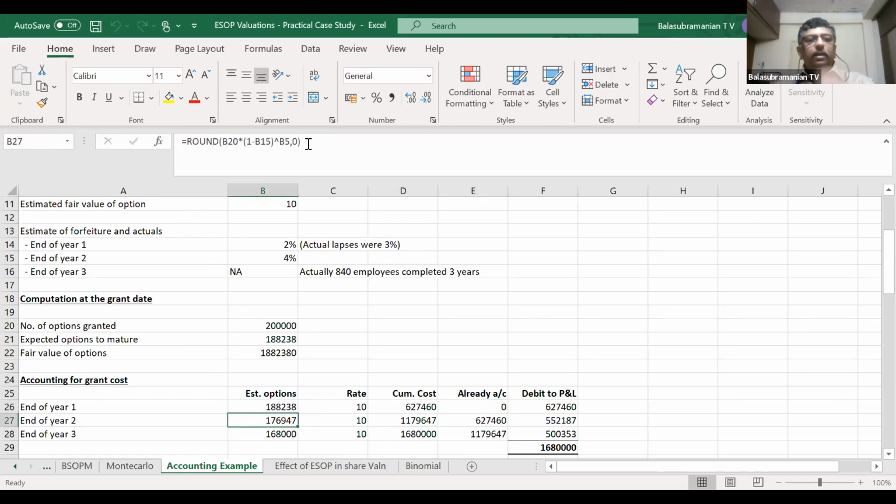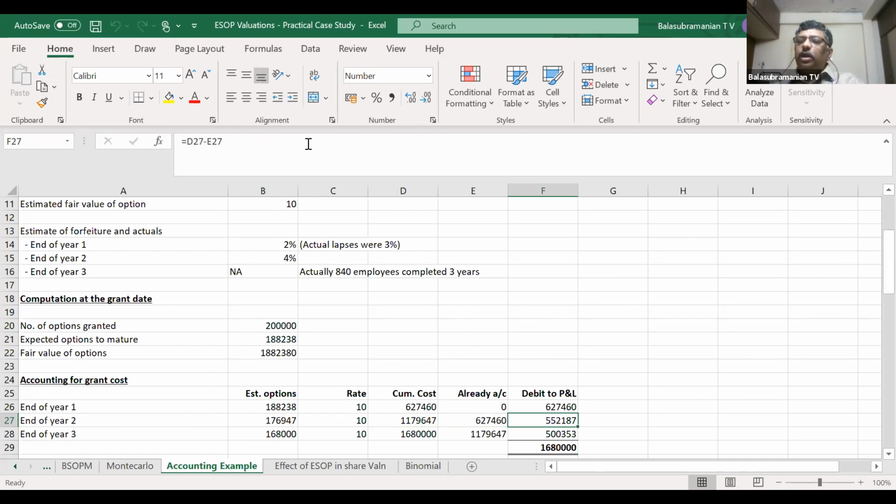When you come to the second year, what happens is your expectation has changed now. You are now expecting 4% dropouts for the future. So if you adjust for 4%, your expected number of options to mature reduces to 176,947. So the total cost which has to be amortized and spread over the balance period is 1179, of which 627 has already been accounted in the previous year.